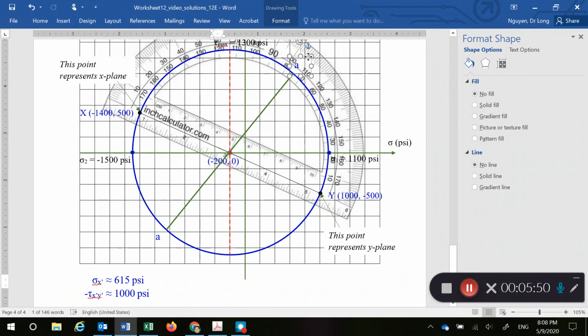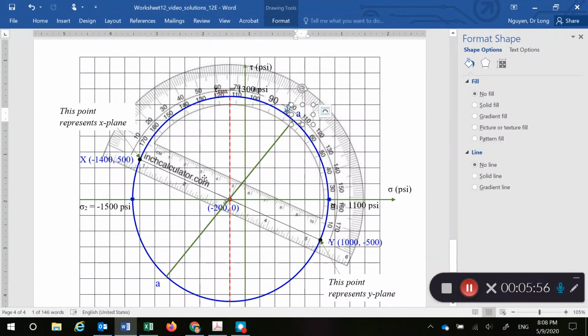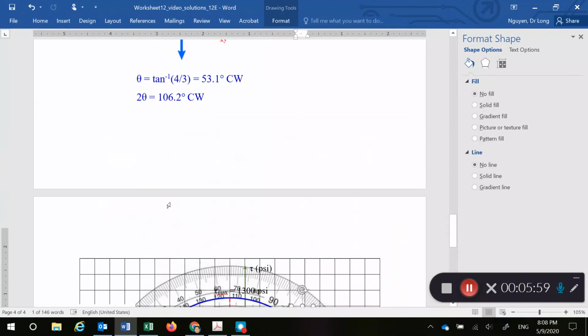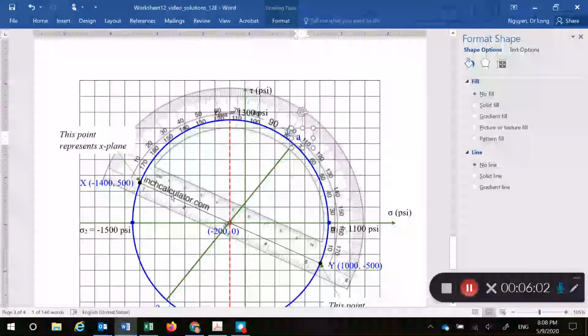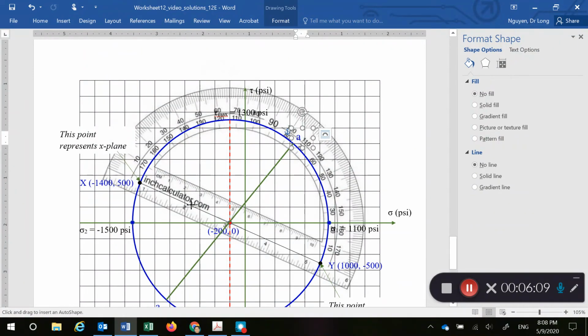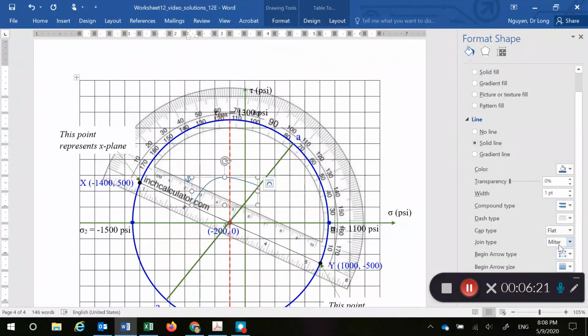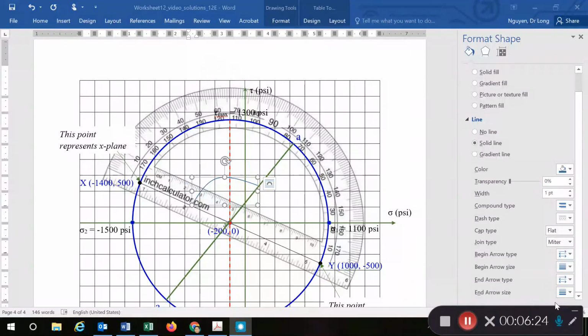Plane AA is rotated by angle 2 theta, 106.2 degrees, from the positive x-plane.